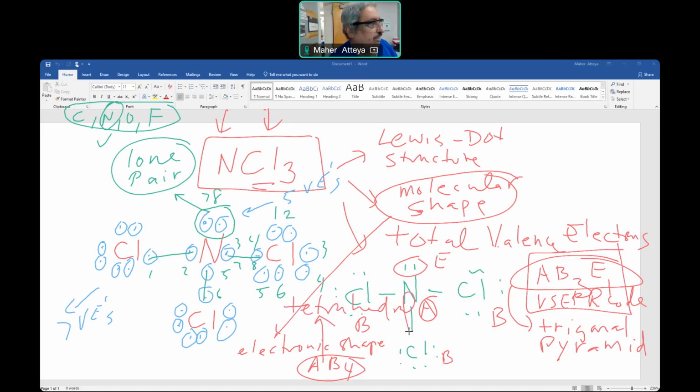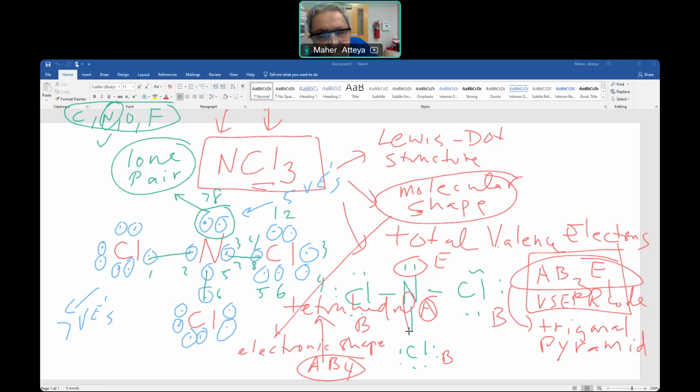Just this review, that will not come in the final exam. The difference between molecular shape and electronic shape: the molecular shape will not consider the lone pair. You always have a difference if you have a lone pair on the central atom. If you don't have a lone pair on the central atom, the molecular and the electronic shapes are identical.